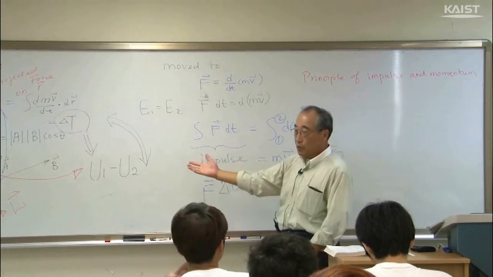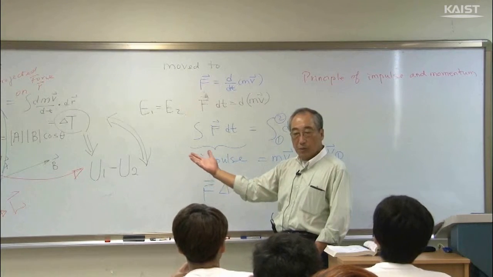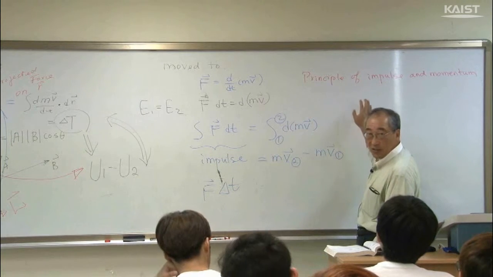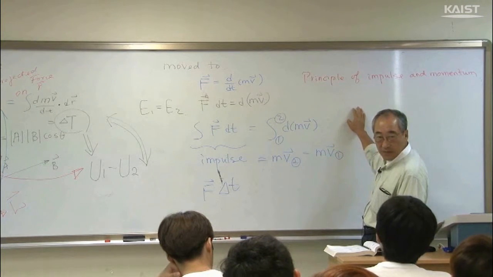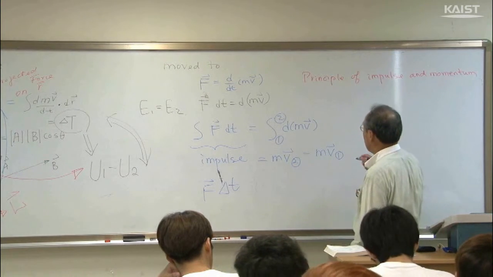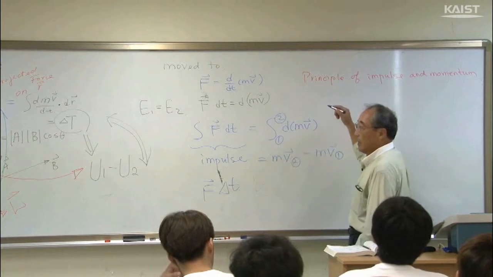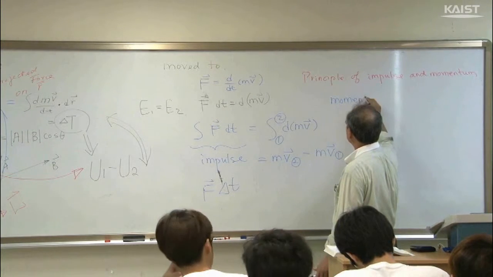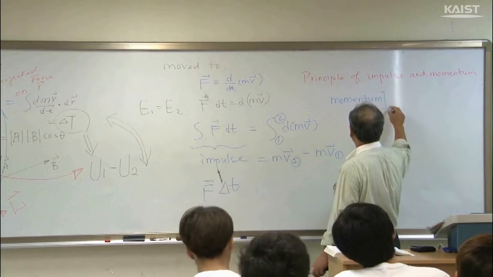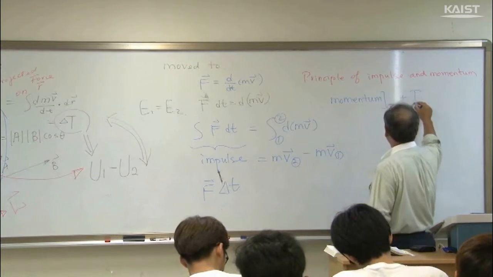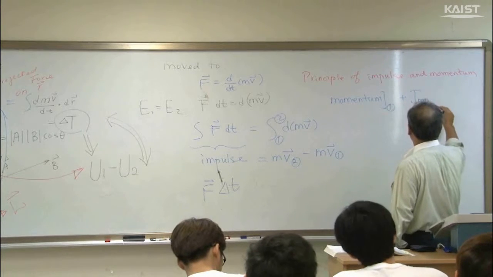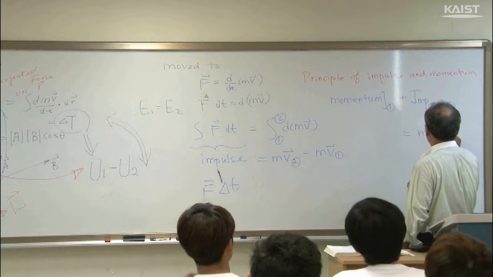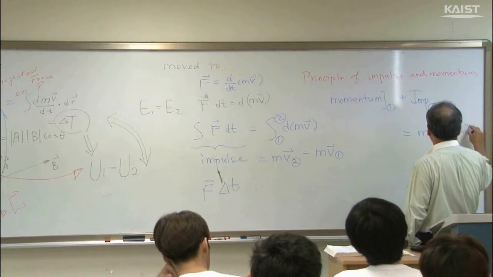Like the energy principle, the principle of work done and change of kinetic energy, this is a state concept. So I can write, moving this one over there, momentum at state 1 plus the impulse I'm applying from 1 to 2 has to be balanced by momentum at state 2.